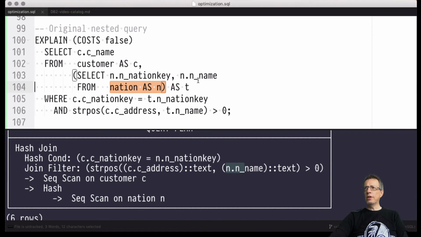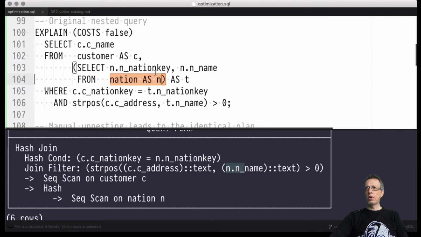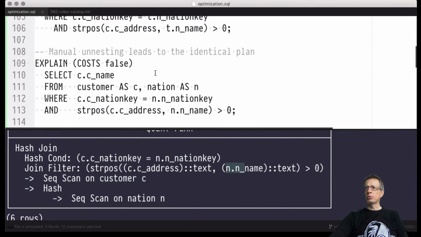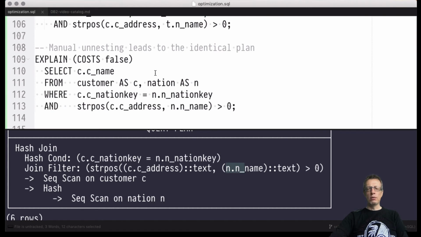Maybe that becomes clearer if I rewrite this nested query on the level of SQL, performing the unnesting in a manual fashion. Normally I won't have to do that, but just to show how the unnested query may look on the level of SQL, I've prepared this for you. This would be the unnested query.